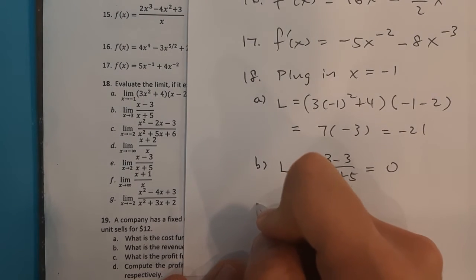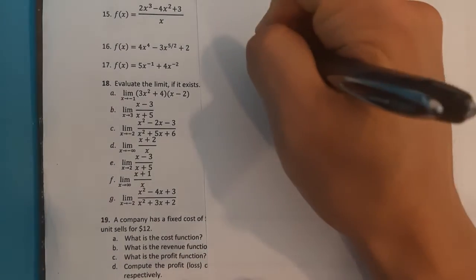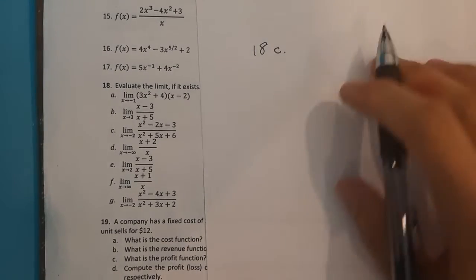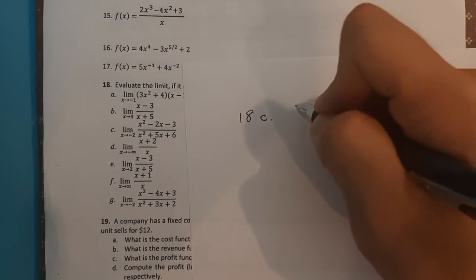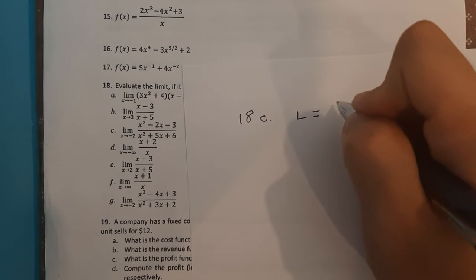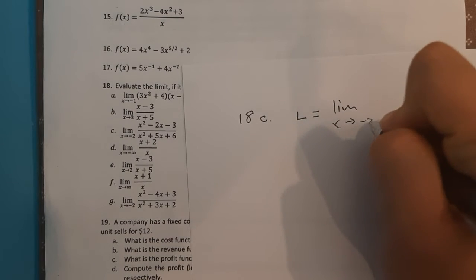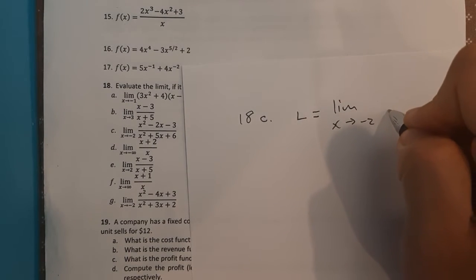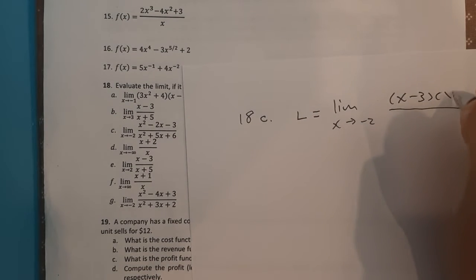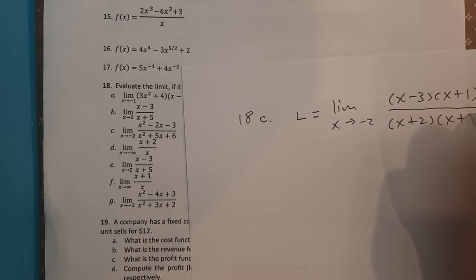Then in letter C, here we also just plug in the number. Here this limit is going to be equal to, first you can try to factor it to see if anything will cancel. So if you try to factor it, we got x minus 3, x plus 1, x plus 2, and x plus 3.